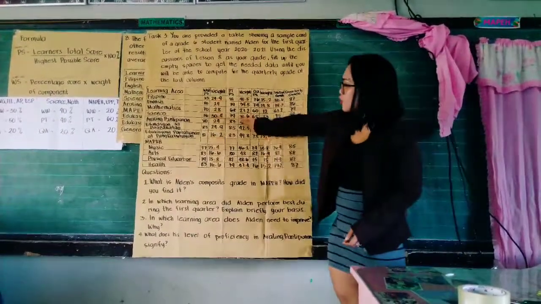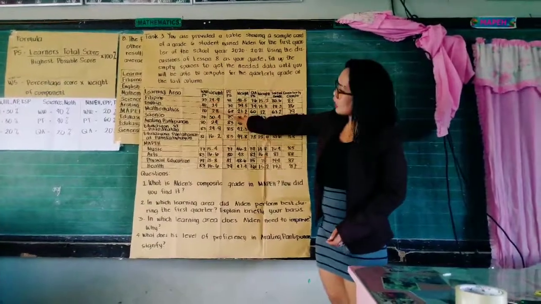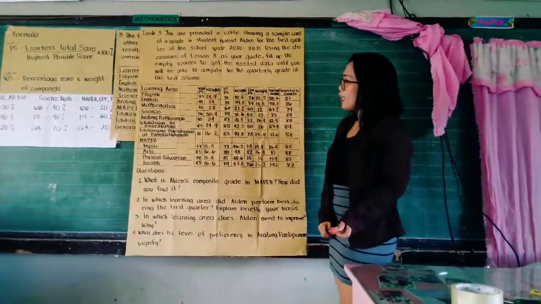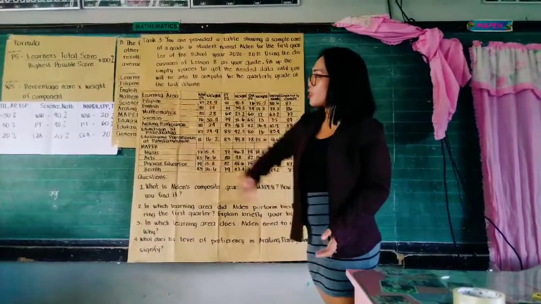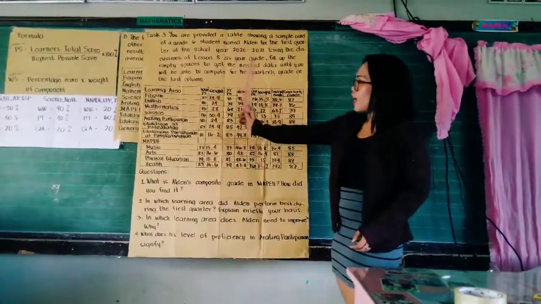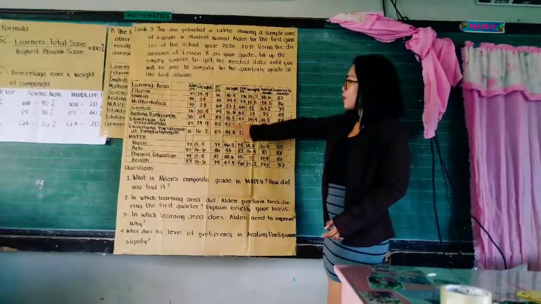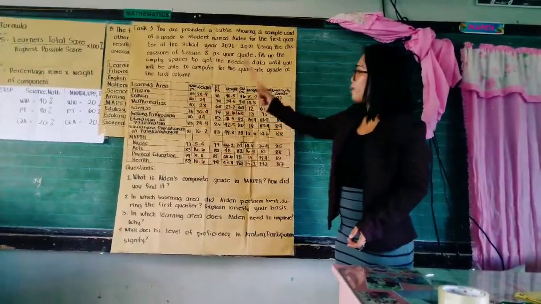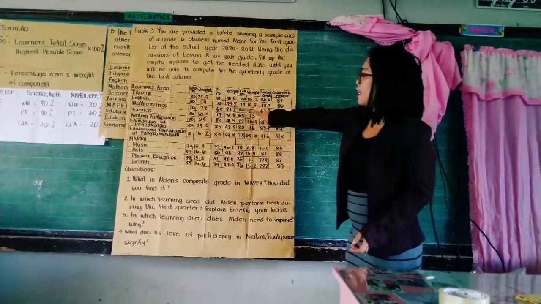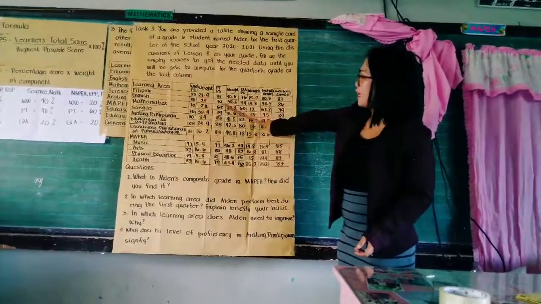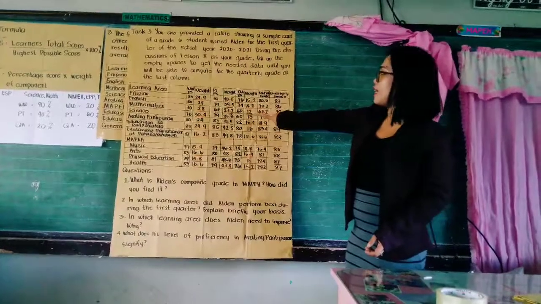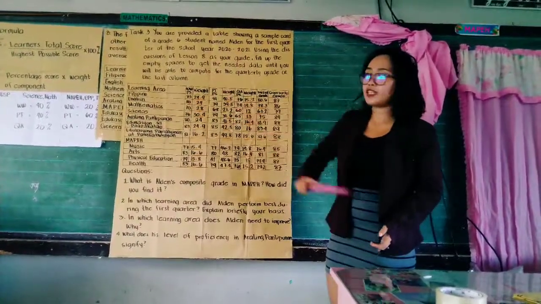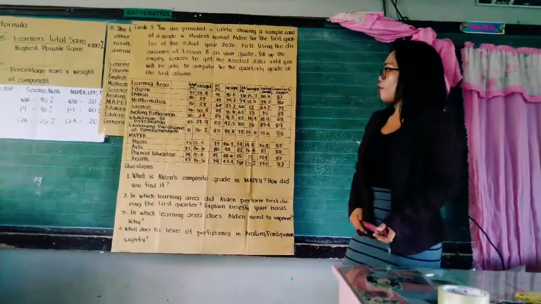Then, for English, 80 times 30%, which is the weight of the written works component of English, equals 24. Then, 79 times 50% equals 39.5. 50% again because the weight of the performance task component of English is 50%.